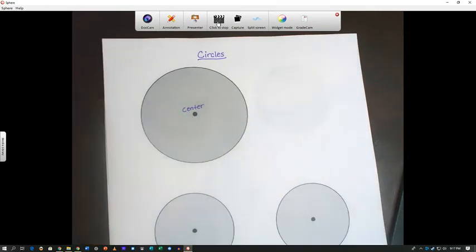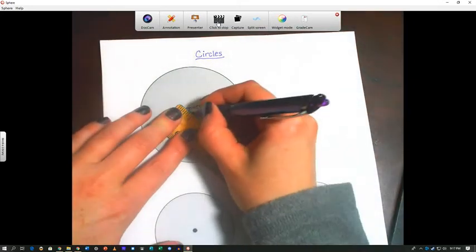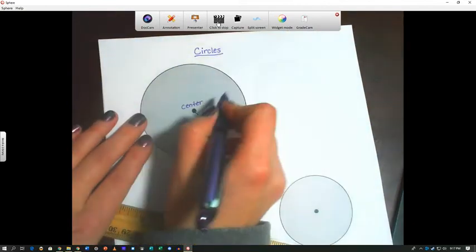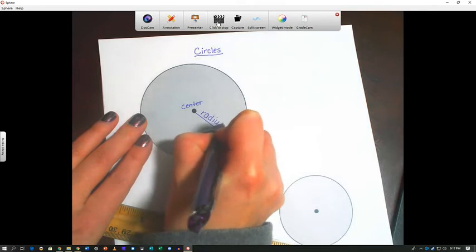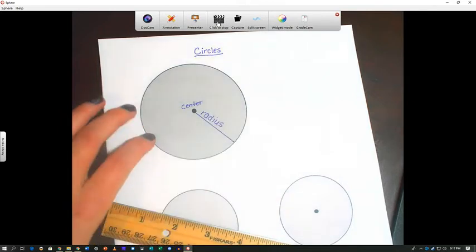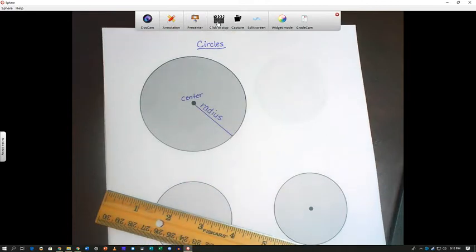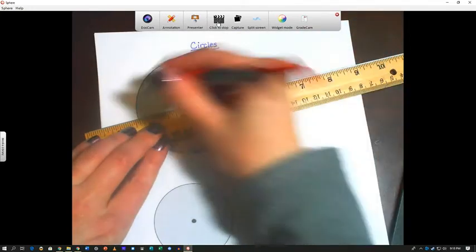From the center to any point on the circle, this is called the radius. So the radius only goes halfway through the circle, and if it extends all the way through the circle, this is called the diameter.